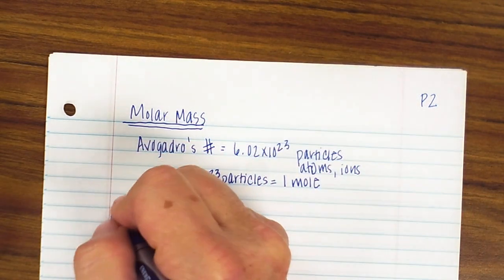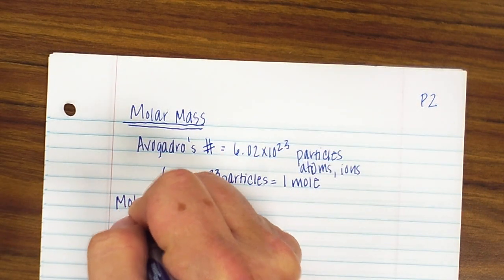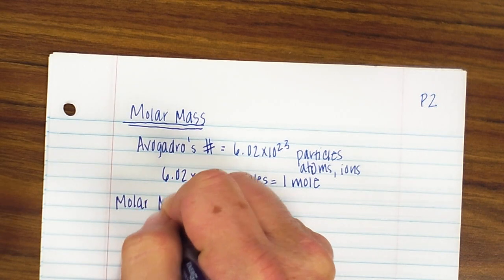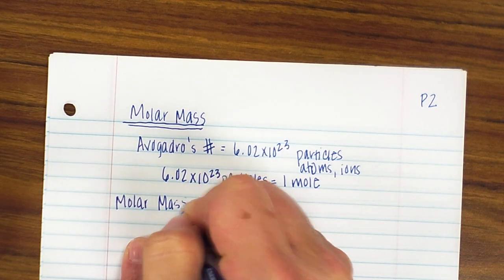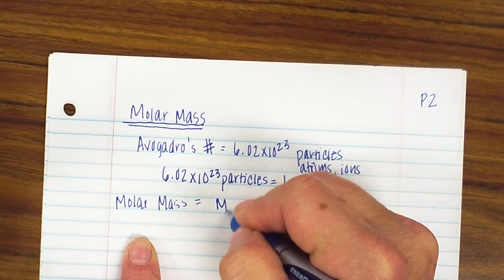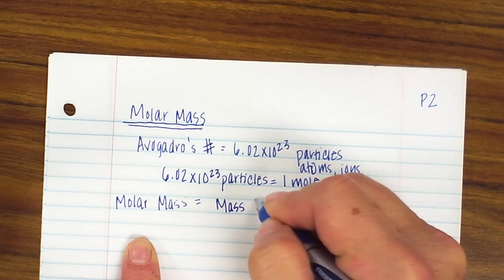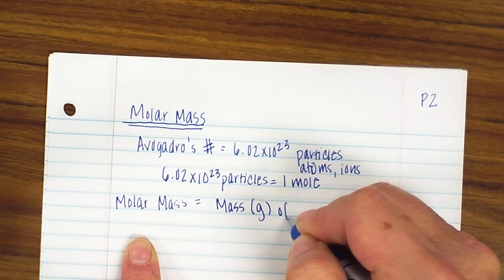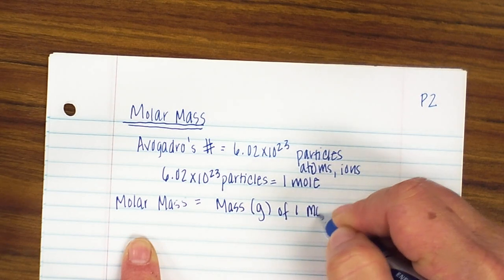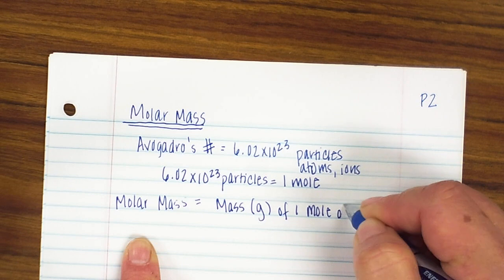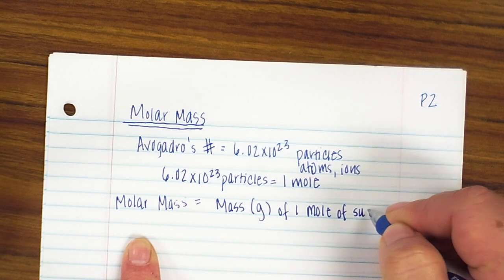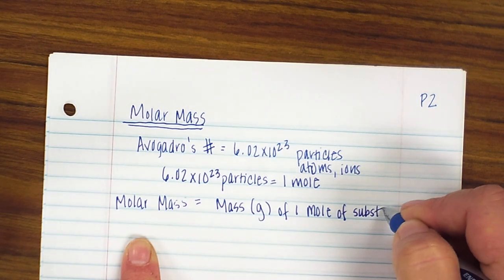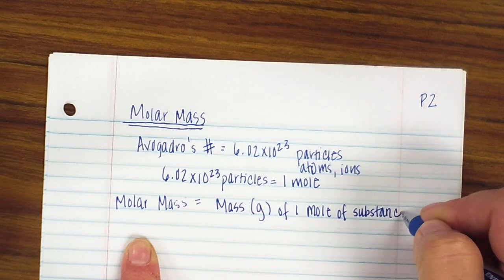All right, so what we're going to work on today is molar mass. This is the mass in grams of 1 mole of a substance. Now, that substance could be elements, molecules, could be anything, right?